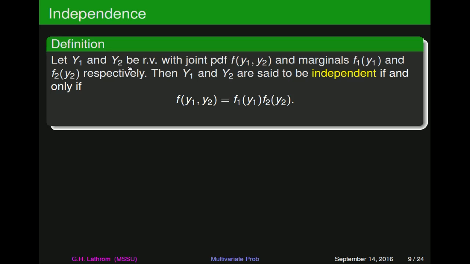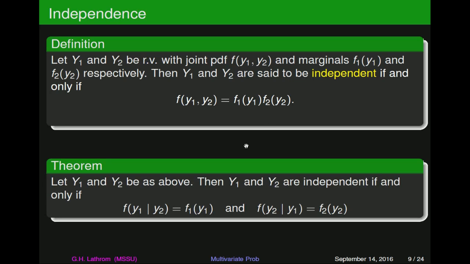If y sub 1 and y sub 2 are random variables with joint PDF little f, with marginal for y sub 1 being little f sub 1 and the marginal for y sub 2 being f sub 2, then y sub 1 and y sub 2 are independent if and only if the joint probability density function is equal to the product of the marginal density functions.